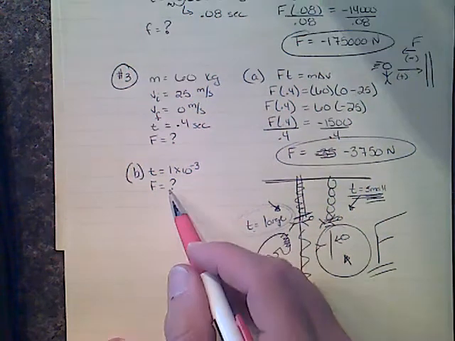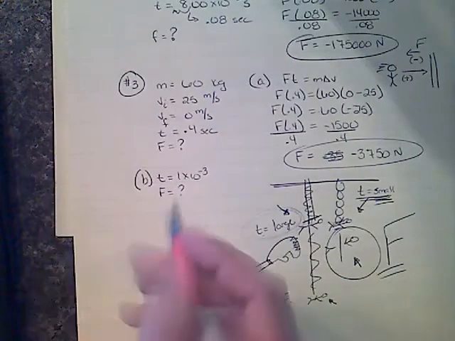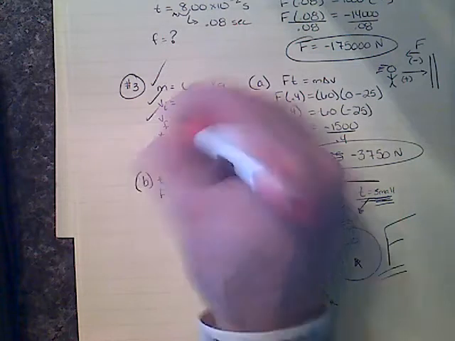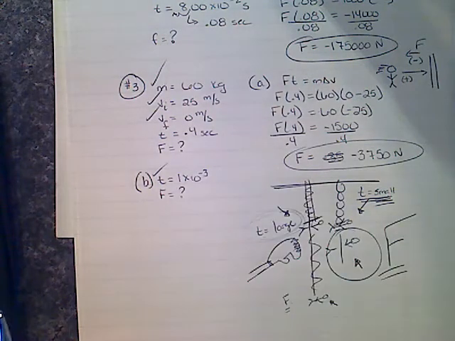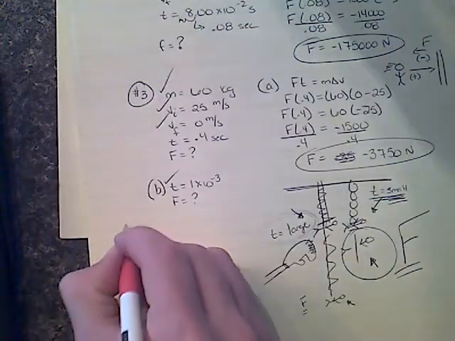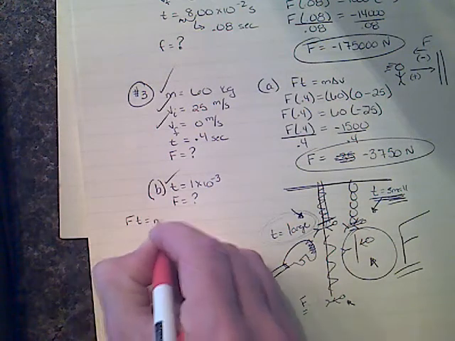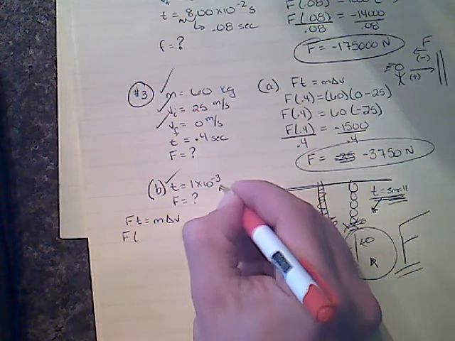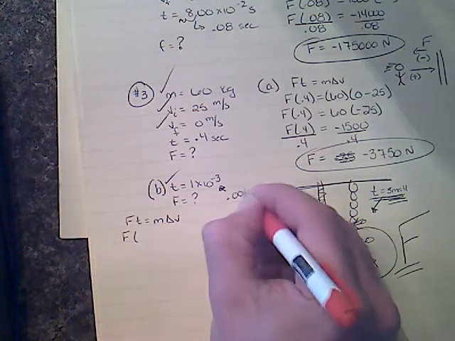All right, so let's get back to this problem here and what we're looking at. We see that we still have the mass, we still have the velocities, but we have a new time in this case. So let's plug it into our equation. Ft equals m delta v. This time goes to 0.001.